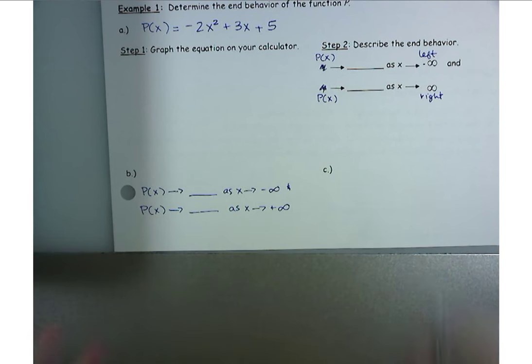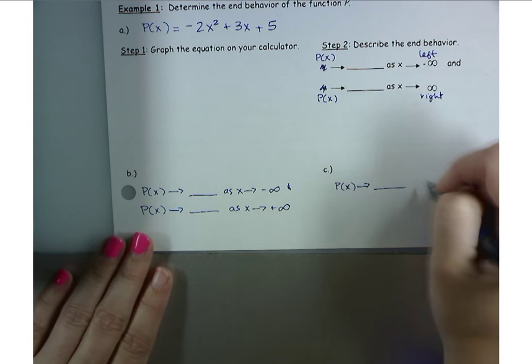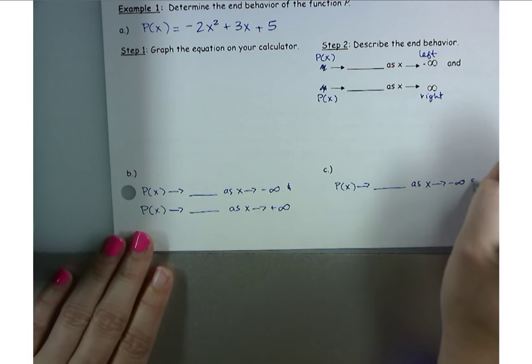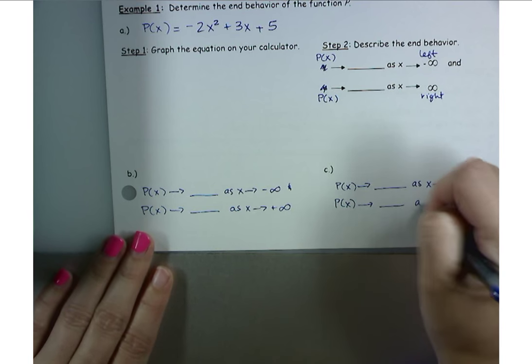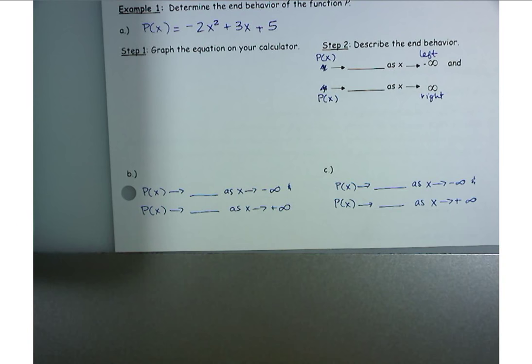Okay, so you're always going to have that. Now if you wanted, you could do the right first and the left second. That would be fine. It doesn't matter if you do the left first or the right first.